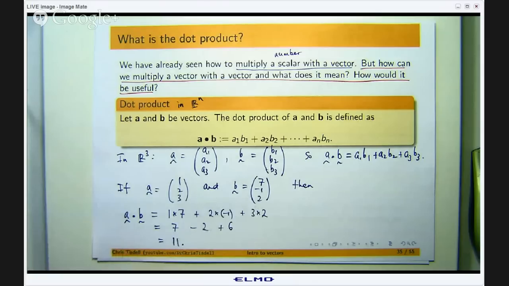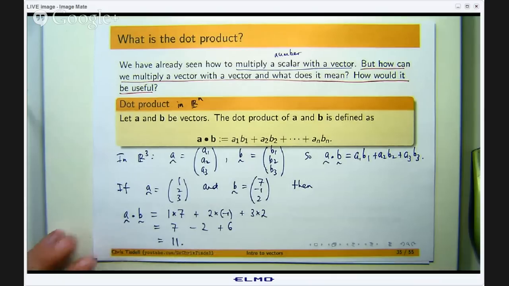Now let's just stop and think about the nature of this answer for a second. The answer is a number. Okay, the answer is a number. It is not a vector.